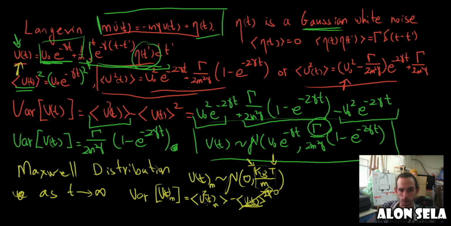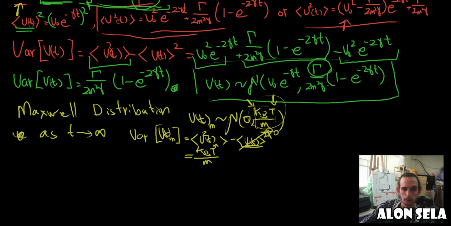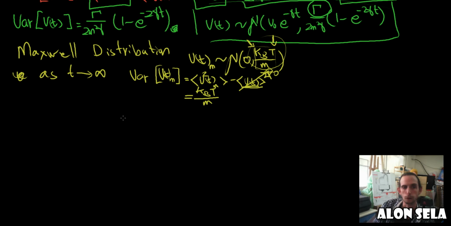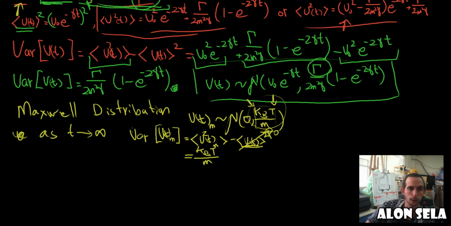So we are saying that the second moment for the Maxwell distribution is k_B T over m. This is what we want also for the second moment for the velocity from the Langevin stochastic differential equation.